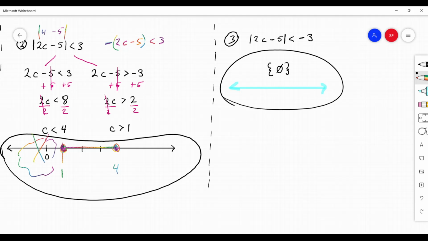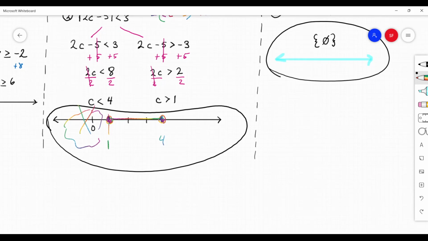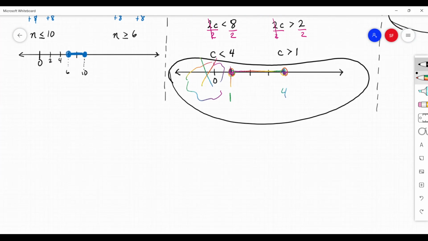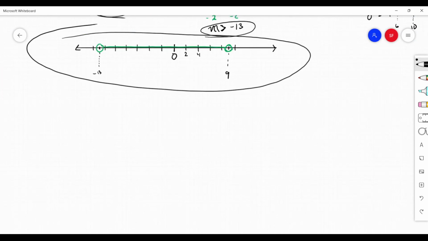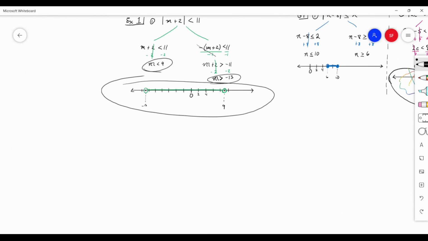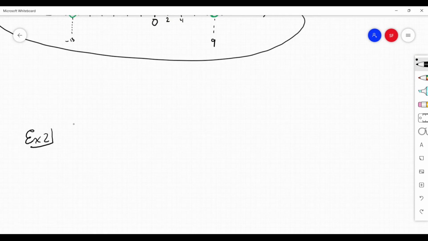Let's do another example. The absolute value of 3n plus 6 is greater than or equal to 12.